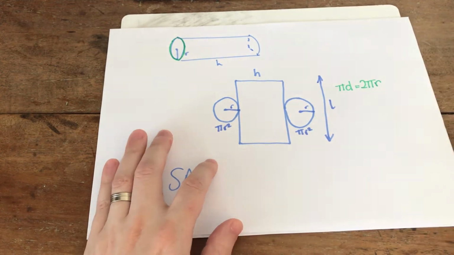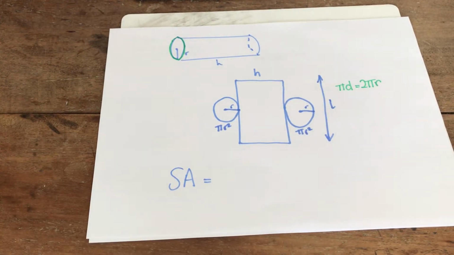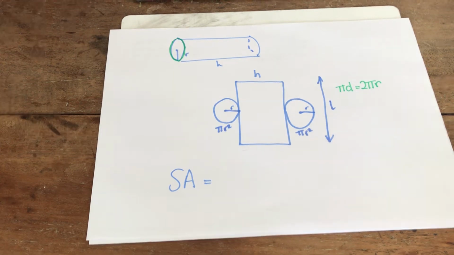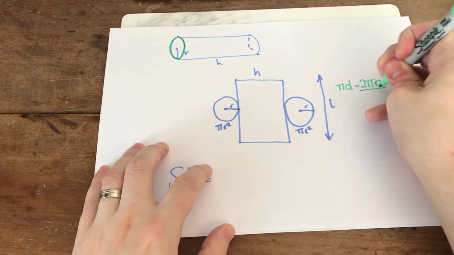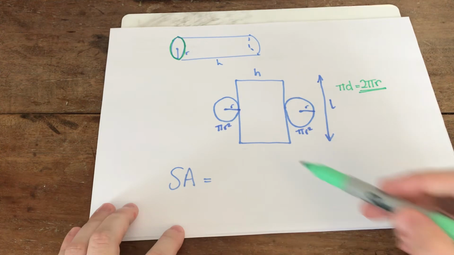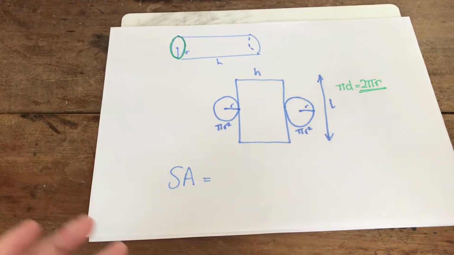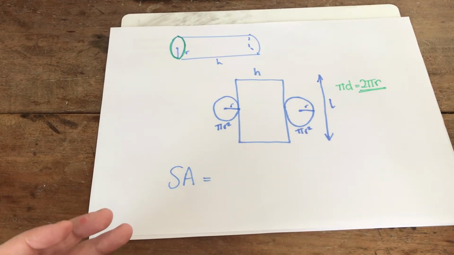I know in previous videos I said that I prefer to use pi d, and you can if you want, but I like to use radius in this because we're using radius in circles, and it means that we've got one less letter in our formula.